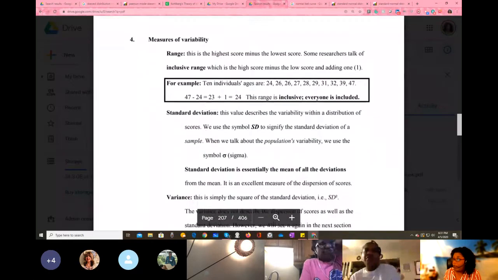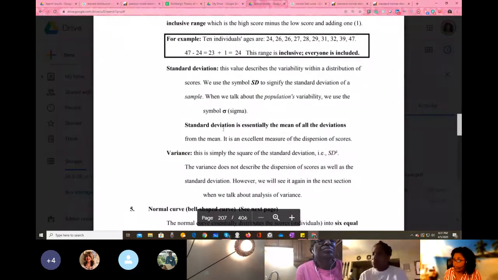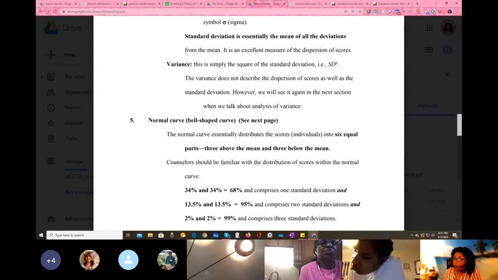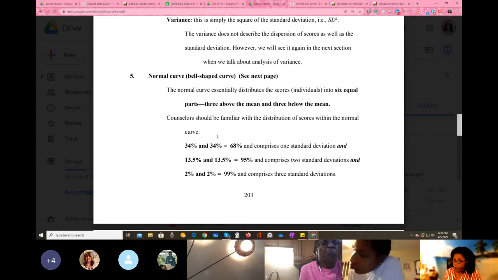So then, I talked to you before also about standard deviation. The standard deviation talks about what we're looking at on my normal bell curve. Those are going to be the same always. My first standard deviation is always going to be 68%. Always, always, always. Second one is 95. Third one is 99.